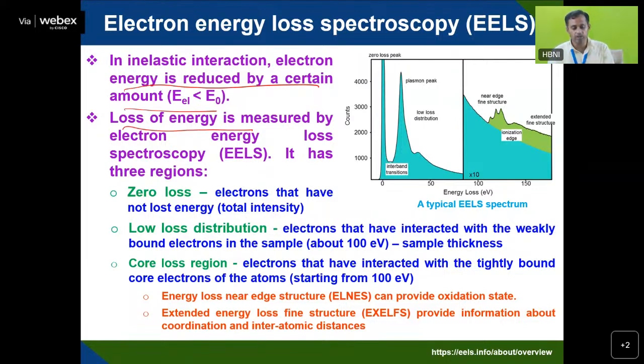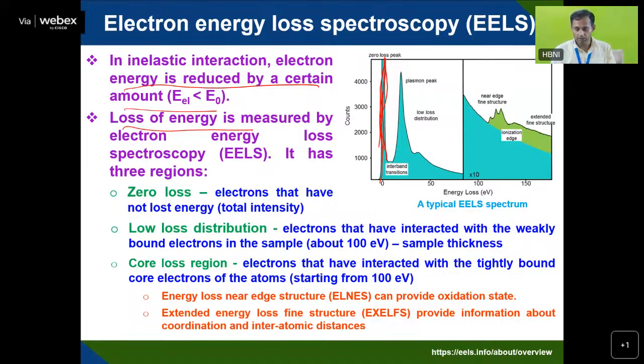You can measure that loss of energy by electron energy loss spectroscopy, and it has three regions. You can see here, this is the highly intense one: the zero loss peak, from electrons that have not lost energy, so totally elastically transmitted. Then there is the low loss distribution and the core loss distribution.